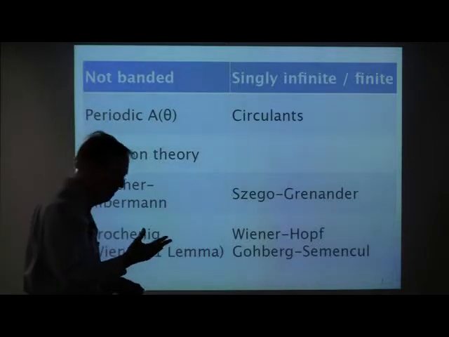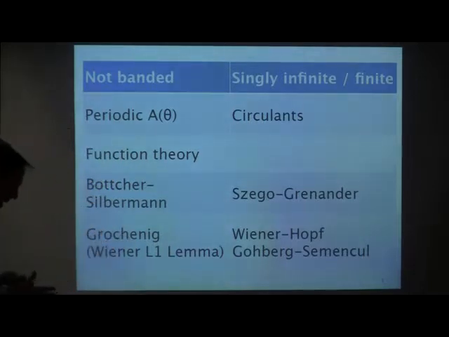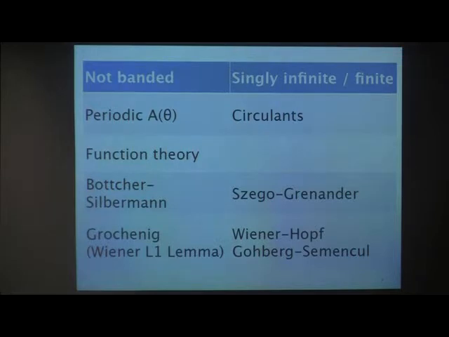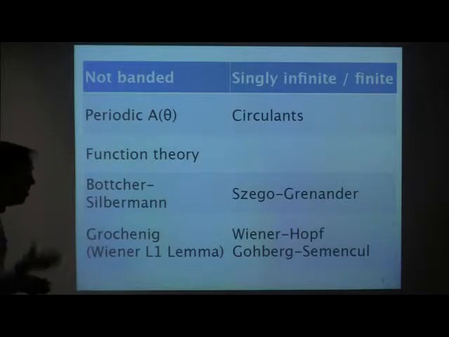Fourier is a happy guy when there are no boundaries and everything works perfectly, just those neat correspondences, and of course it becomes not at all so simple. Well, circulants would be the finite equivalent of no boundary. When you have periodicity, then you've sort of washed away the boundary.